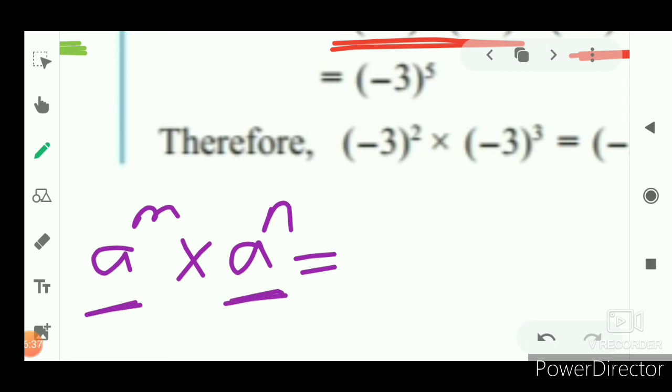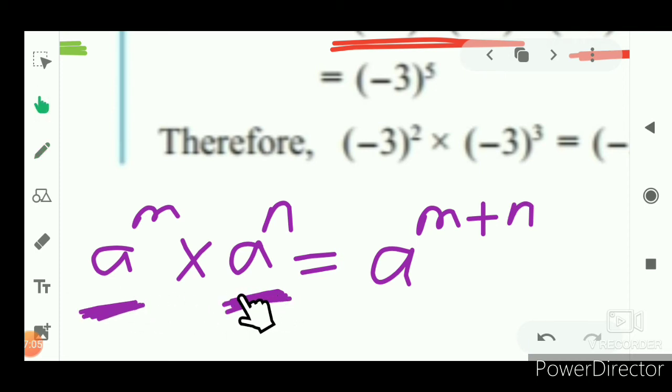Here the bases are same. In place of a, we can take any number, 2, 3, 4, 5, any number, and here that number is constant, base is constant. So on multiplying, it will give the addition of powers, a raised to power m plus n.